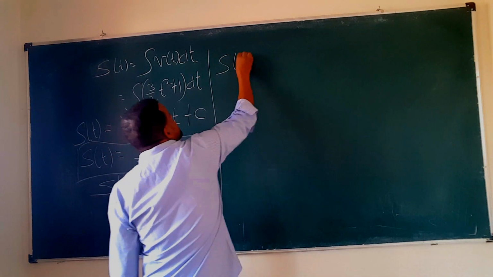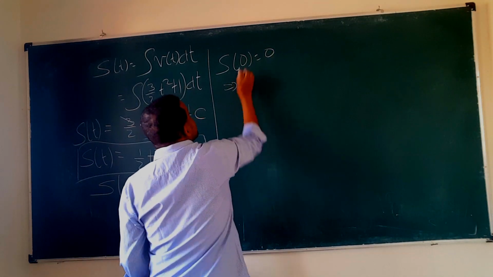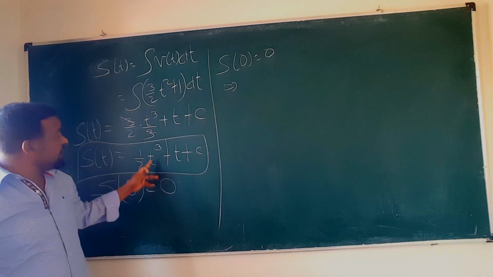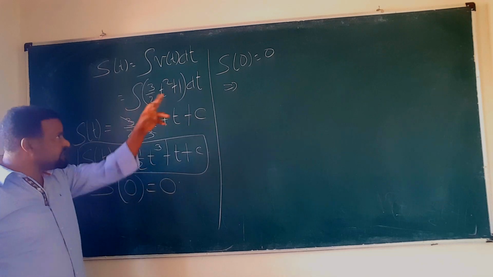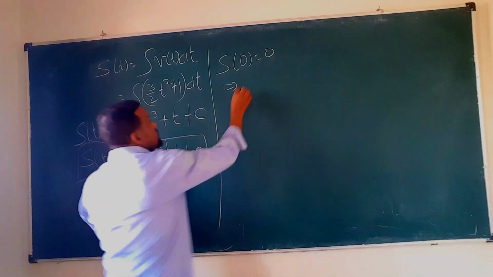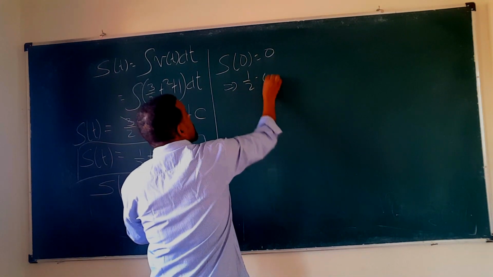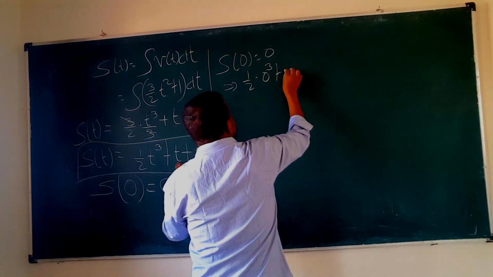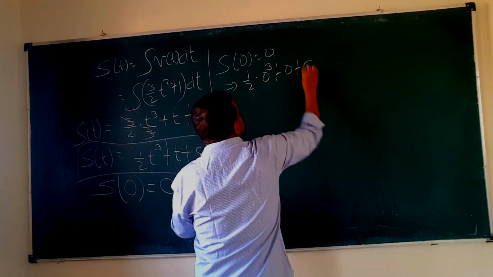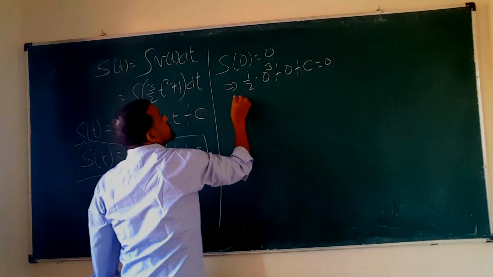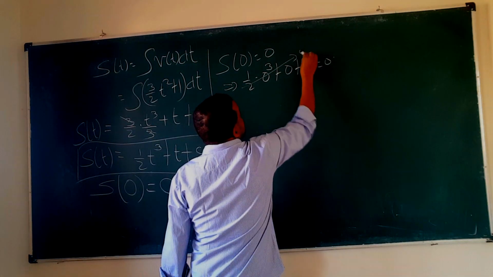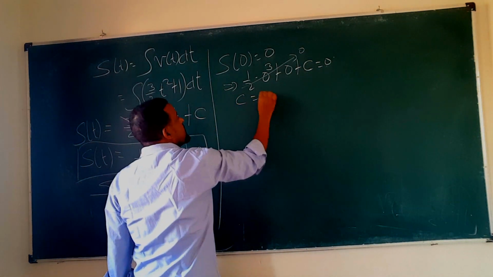So s of 0 is 0, which implies that in place of t we substitute 0. That gives 1 over 2 times 0 cubed plus 0 plus c, which is equal to 0. So automatically these terms are 0, so c is equal to 0.